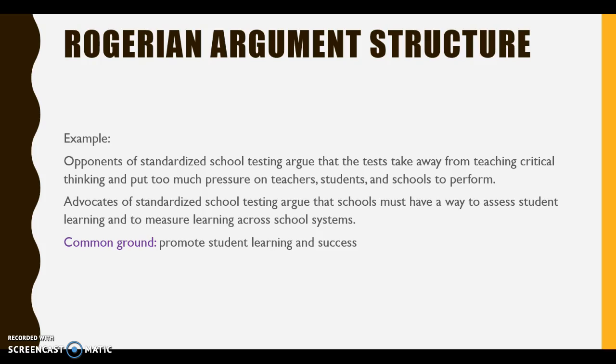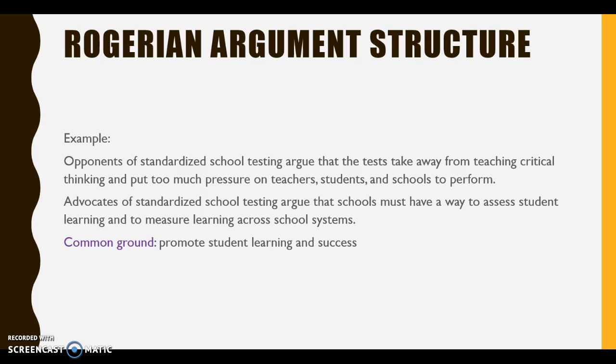So on the one side, people who oppose standardized school testing might argue that these tests take away from teaching critical thinking because most of these tests just involve rote memorization of information. They also might argue that these tests put too much pressure on teachers, students, and schools to perform in a certain way. And especially since funding is tied to student performance, this can often put a lot of stress on teachers and schools to produce results.